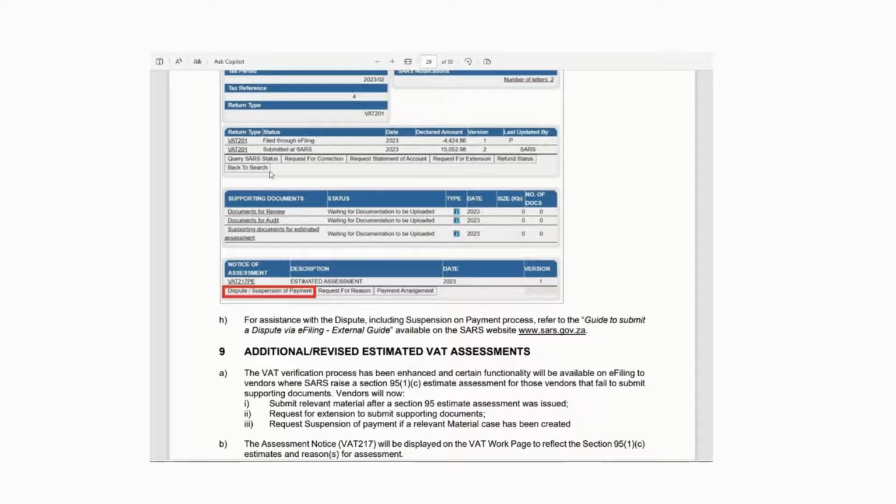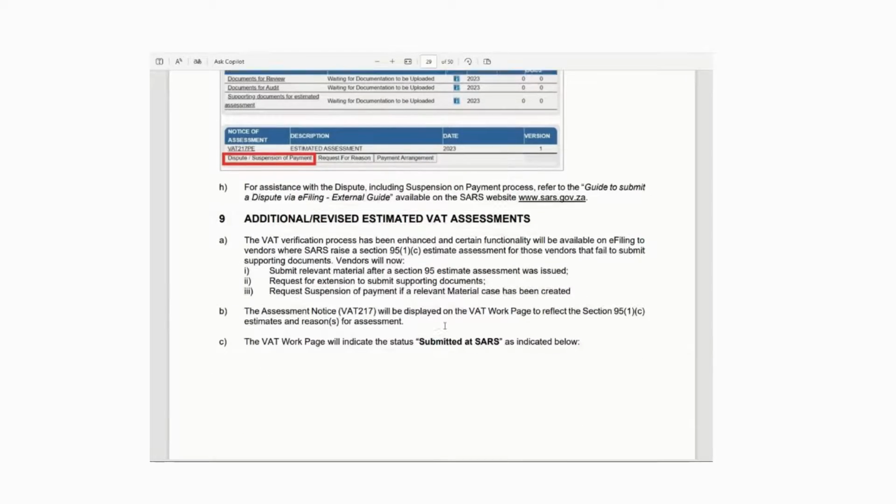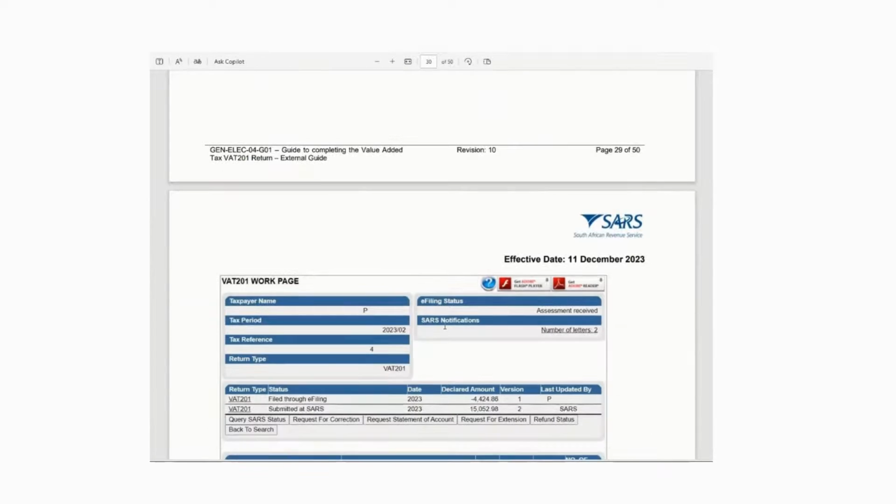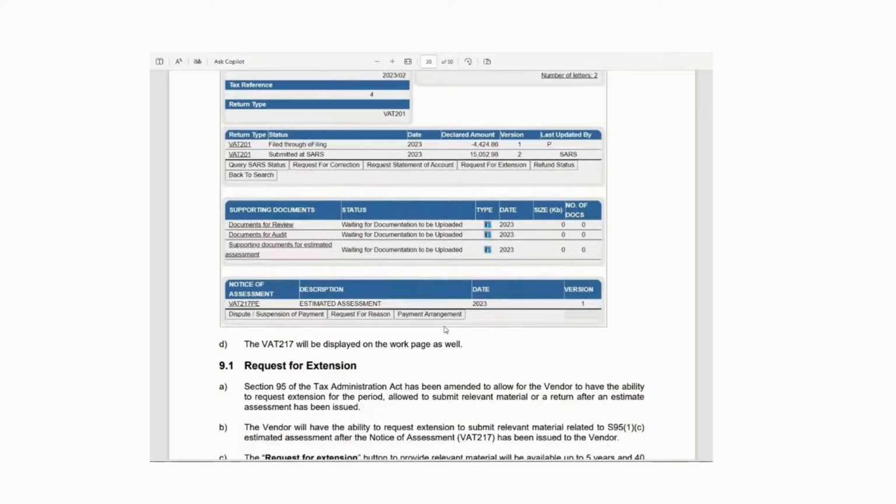You can have a number of versions if you need to make some corrections, but try and do it within the timeline that's given. Otherwise you incur penalties for late payment. If there's certain information that's missing, you need to let them know that you are running late.